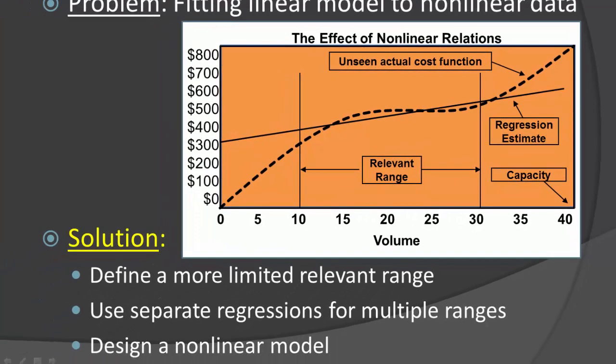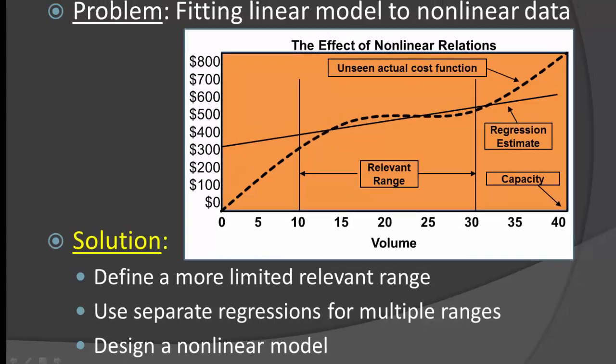Or if you need to have a non-linear function to describe your data, don't choose a linear model. There are regression packages that would allow you to use more complicated formulas.